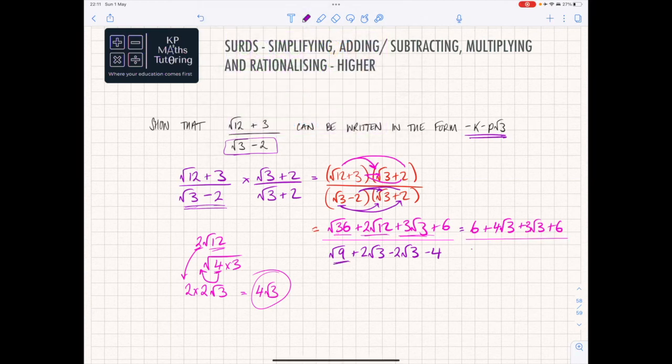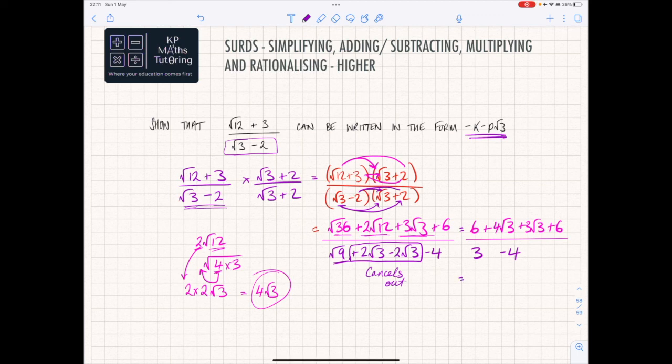Root 9 is 3. And now what you can see here is this middle part is plus 2 root 3 minus 2 root 3. So this cancels out. Okay, that makes it irrelevant. You don't need to use that bit, and then you're basically left with minus 4.